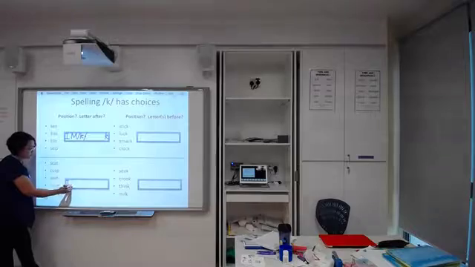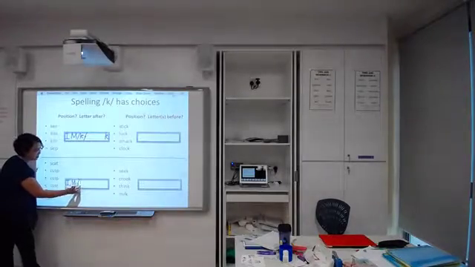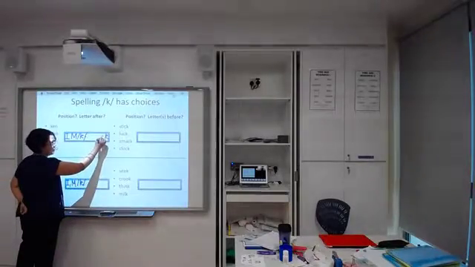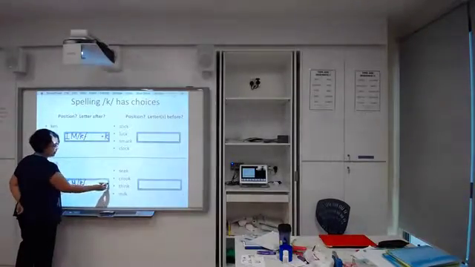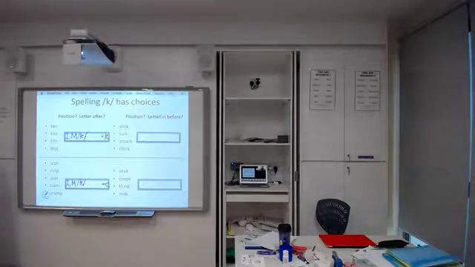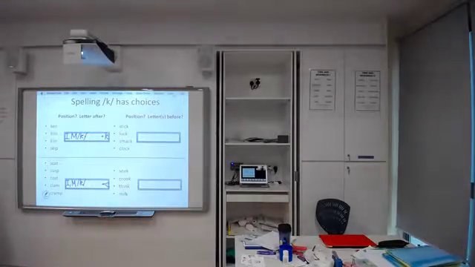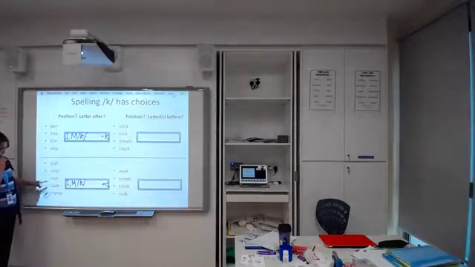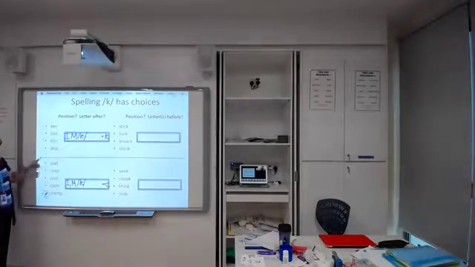It's also initial and medial. And it's also k, right? So how come here we spell it as K, but here we spell it as C? Because it's before A, U and O.